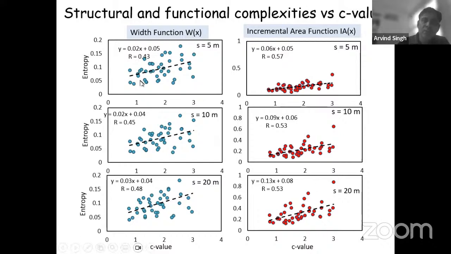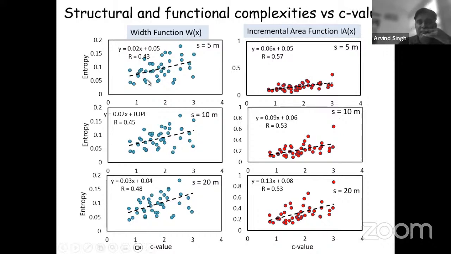Also, the slope of the entropy versus C value is smaller in the case of width function as compared to the incremental area function, which you can see from the computed linear regression line. So these observations suggest that the complexity in the network increases with increasing side branching.